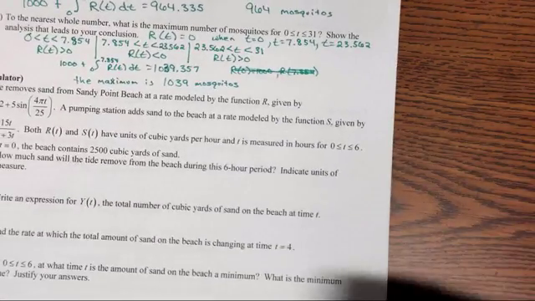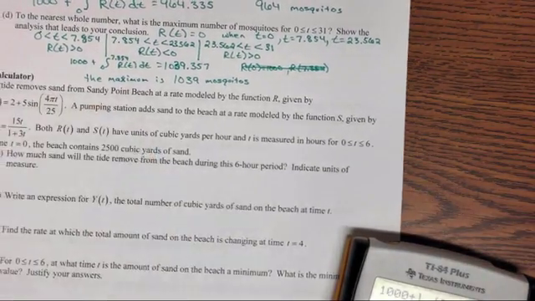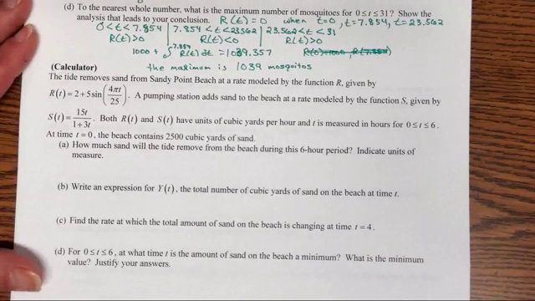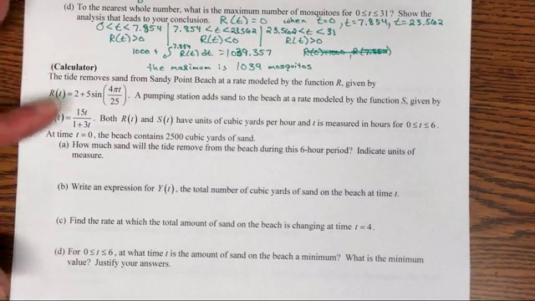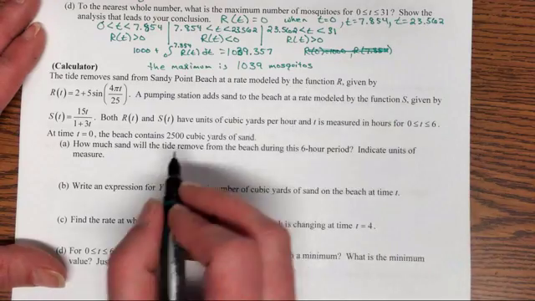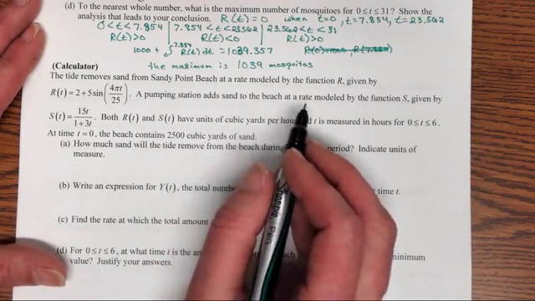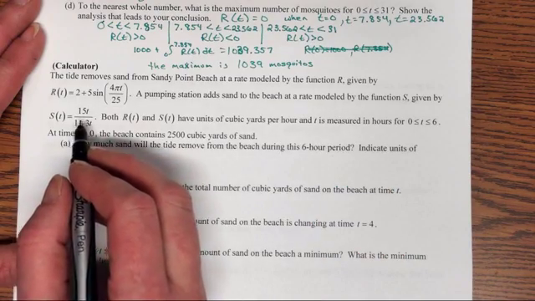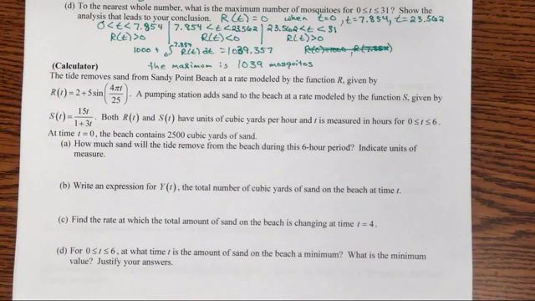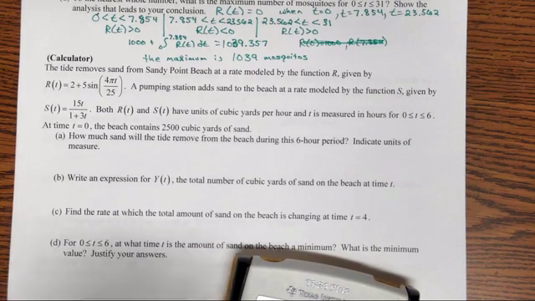All right, the next one. The tide is removing sand from Sandy Point Beach at a rate modeled by this function. So again, this is a rate. A pumping station adds sand to the beach at this rate. Since I have two functions, I might actually put those in my calculator so that I don't have to keep typing them in.